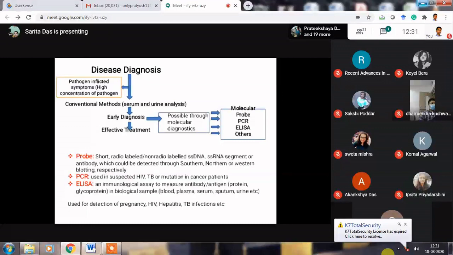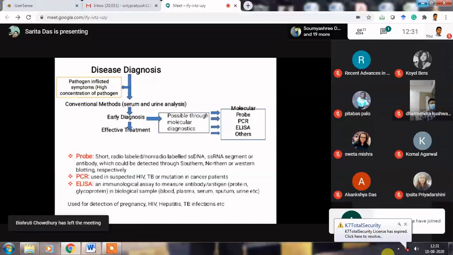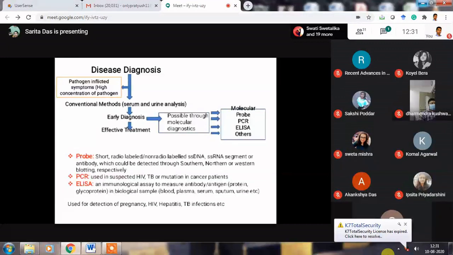And when symptoms appear, that means the person already has a large amount of pathogen in his or her body. When a large quantity of pathogen is present, and it has already caused a significant amount of damage to the body, only then do symptoms come.